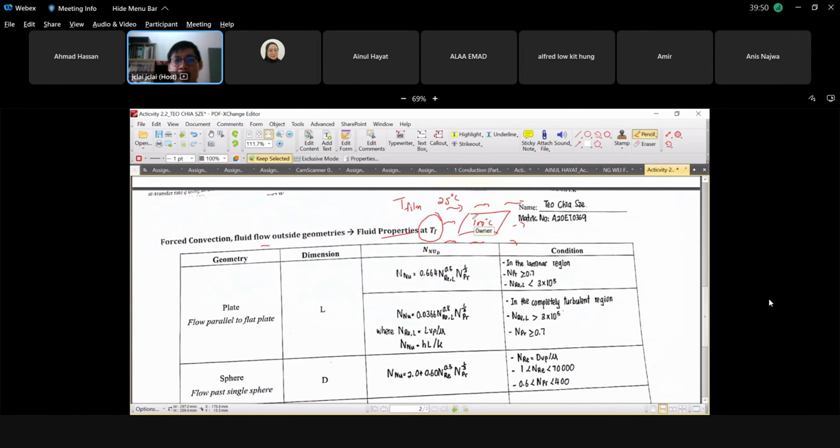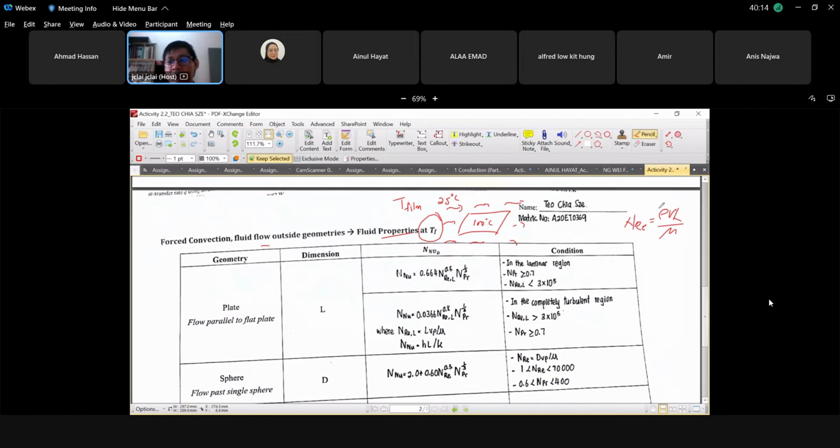Okay, then now you want to calculate, let's say this one. You also need to calculate Reynolds number, Prandtl number, and all this also require you to say Reynolds number equals to what? Rho V, in this case L, okay, not D, over mu.